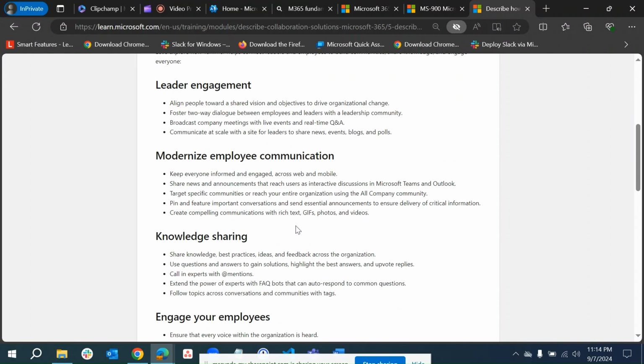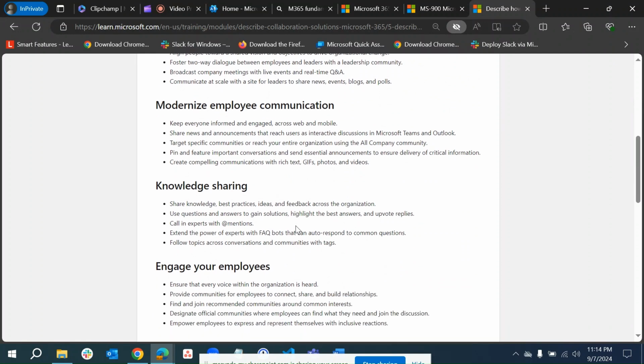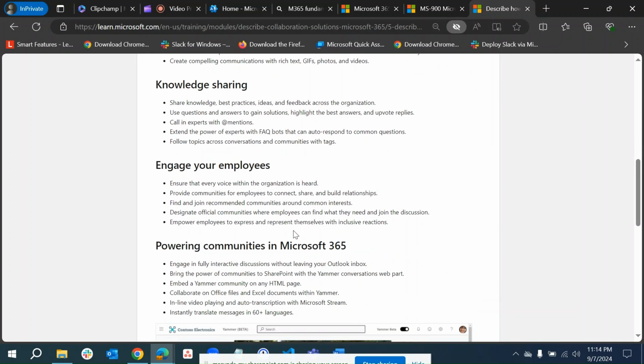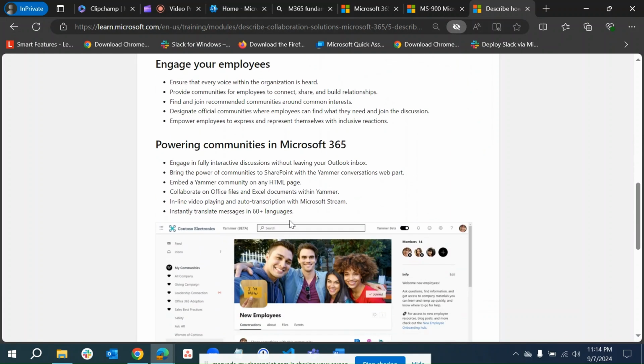It also helps to share knowledge, modernize employee communication, and engage employees across the company or across the organization, powering communities in Microsoft 365.